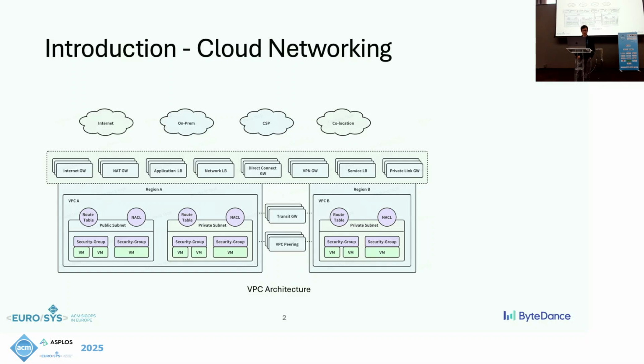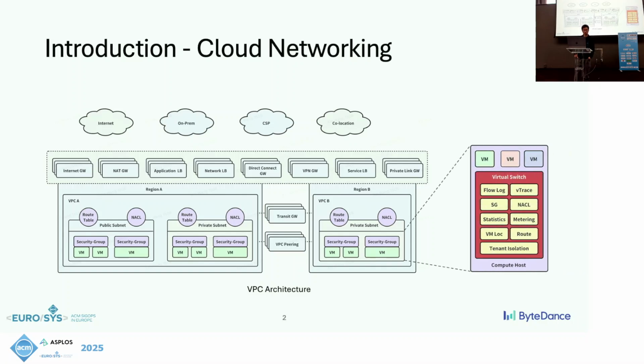All these functions are hosted on different components. Some of them are on the host side, which we call the compute node. Some of them are a centralized gateway. If we zoom into the host side, there is a virtual switch running there.